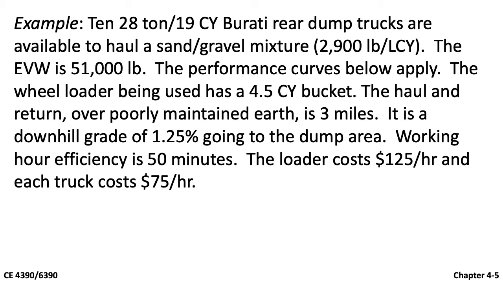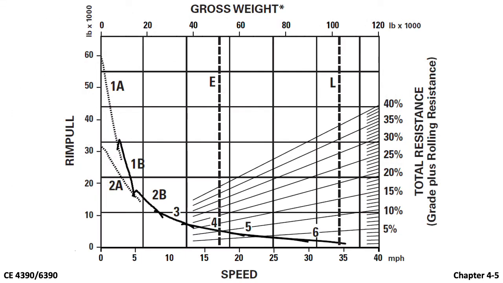It means when the machine is going back from the dumping area, it's going to be negative 1.25%. The working hour efficiency is 50 minutes per 1 hour, the loader costs $125 per hour, and each truck costs $75 per hour. This is the performance chart of the truck in this example.